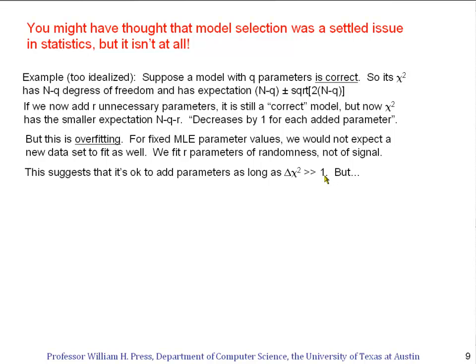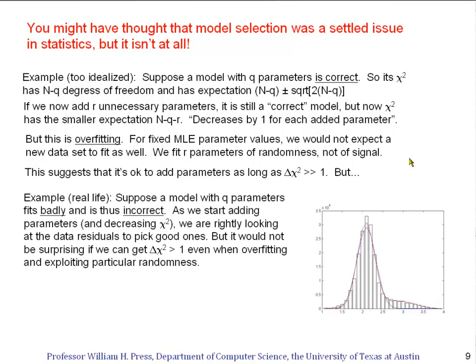So that sounds pretty good as a criterion for model selection. But the trouble is, in real life, you're not starting with a true model. You don't know when you've hit the true model. So let's take an example conceptually where you have a model again with q parameters, but it fits really badly and is thus incorrect.